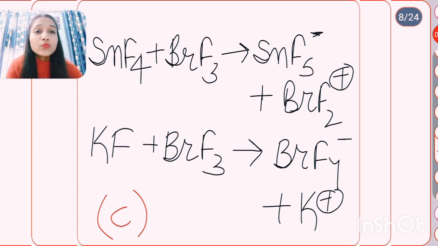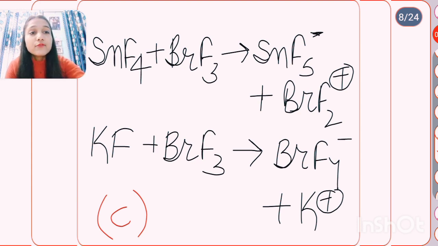So SnF4 we know is a Lewis acid. So it simply tries to accept F negative from BrF3. So it accepts F negative and becomes SnF5 negative, and the remaining BrF3 becomes BrF2 positive. And in the case of KF, it donates F negative ion, so BrF3 becomes BrF4 negative. So the compound which gives solvent cation is acidic, and which gives solvent anion is basic.